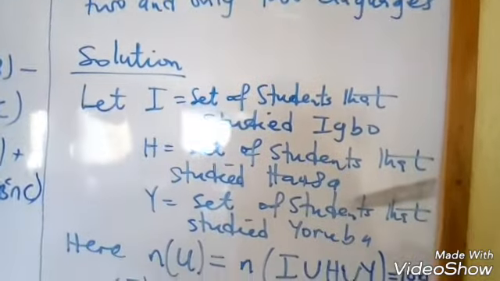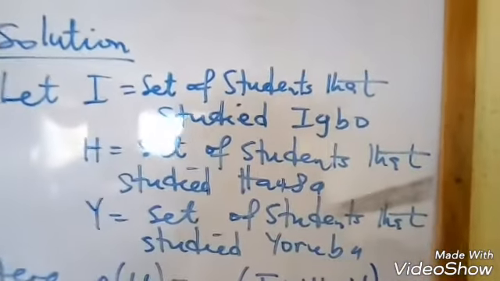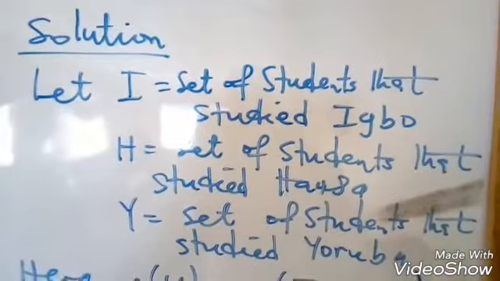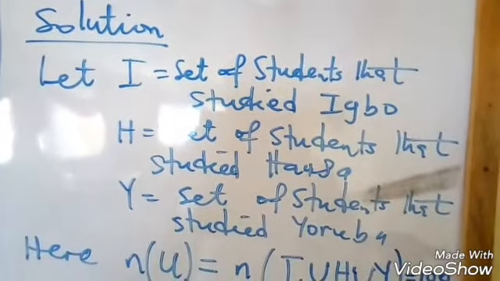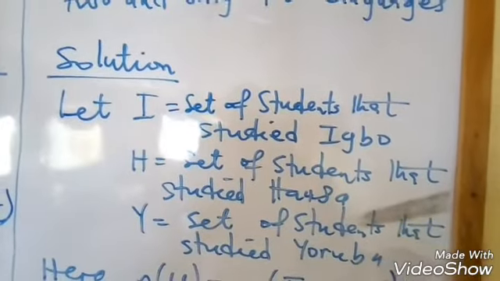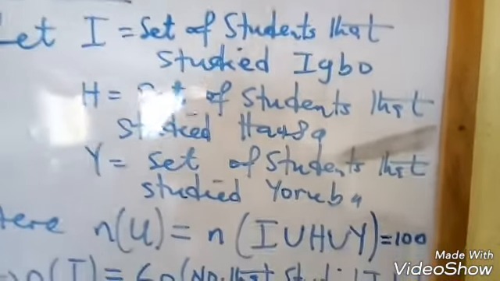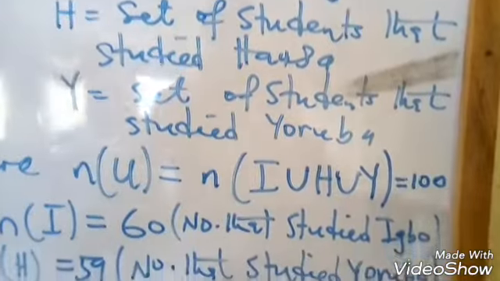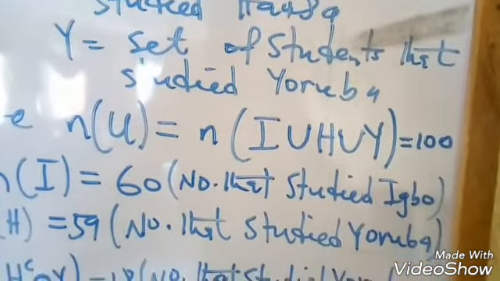Solution. First of all, we are going to represent I to be the set of students that studied Igbo, H, the set of students that studied Hausa, Y, the set of students that studied Yoruba.